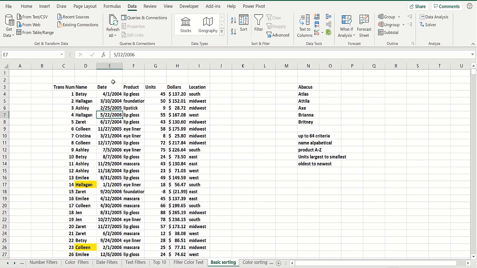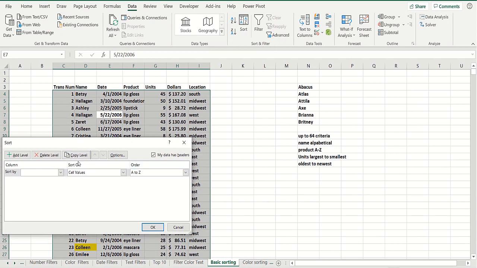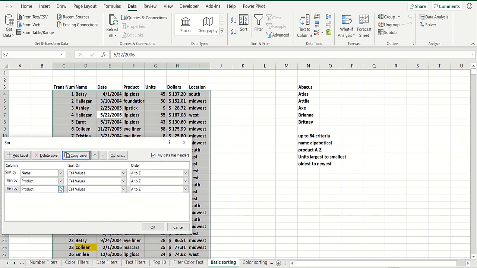Okay, so put your cursor in there. We'll do Data, Sort. I think it'll get it all. Okay, so now basically we want to do the person's name first. So we go Name, A to Z, Cell Values. Now Copy Level will probably save us some time. So I go Product, that's A to Z. Copy Level, then I think we said Units, largest to smallest.